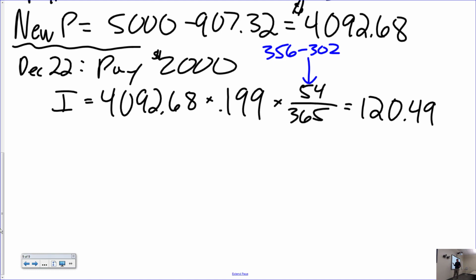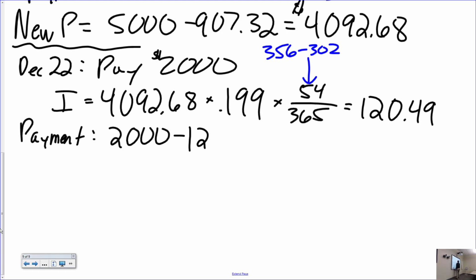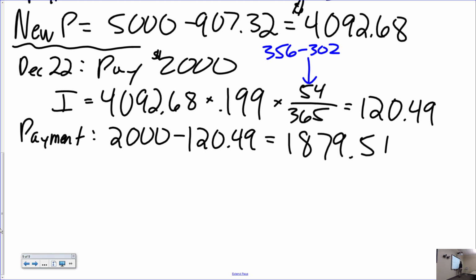And what do I do with that 120.49? All right, good. So take it off of your payment. Minus 120.49 gives 1879.51.